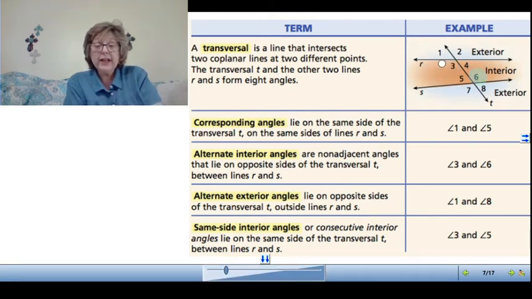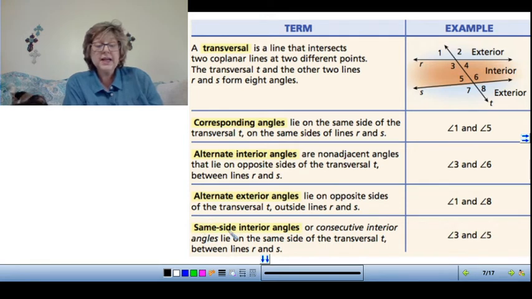They alternate about the transversal, and they're on the inside of the two parallel lines. Alternating exterior angles are like angle 1 and angle 8, or angle 7 and angle 2. They're on the exterior, and they alternate on either side of the transversal.